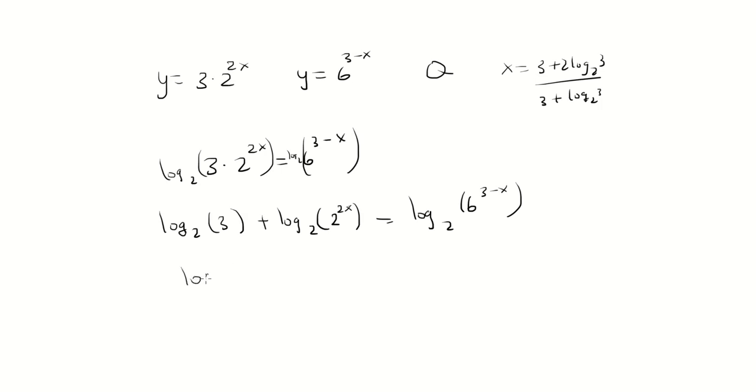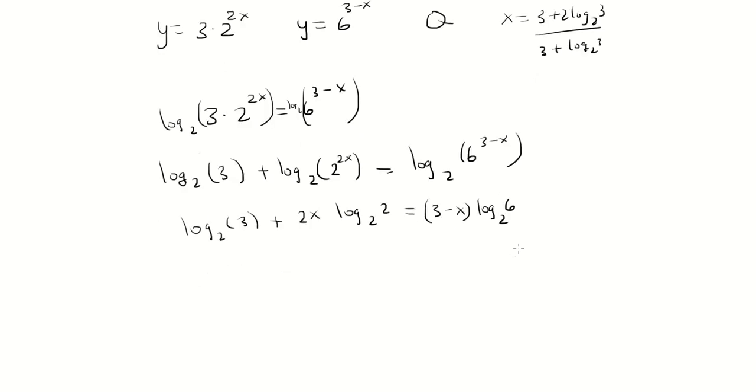And now we're just going to factor out the exponent, so that comes in front. So it's 2x times log base 2 of 2 is equal to 3 minus x times log base 2 of 6. And so we can distribute the 3 and the negative x.